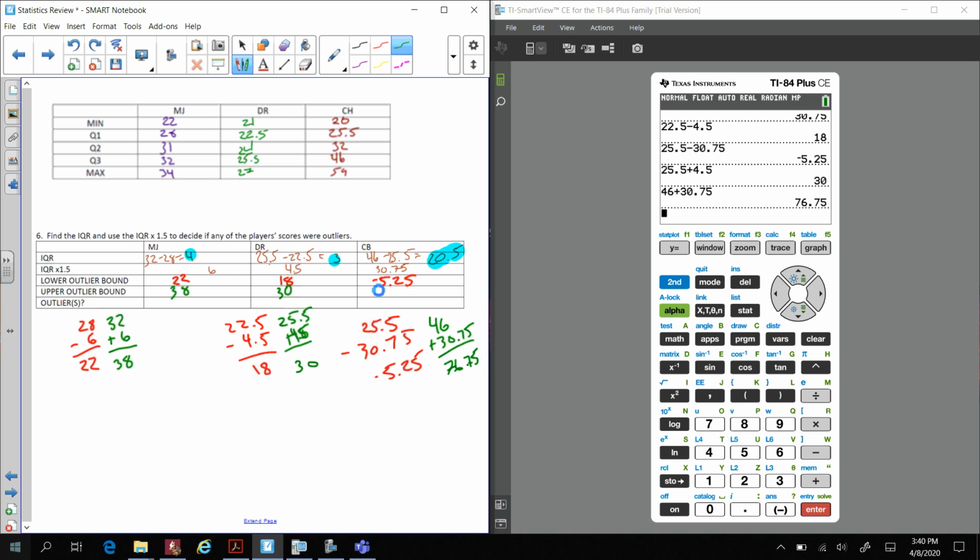He would have to score 76.75 points to be an outlier. I know 59 looked like it, but mathematically, there are no outliers. We don't have any outliers in any of that data. So give yours a check, look at your work, compare it to mine.